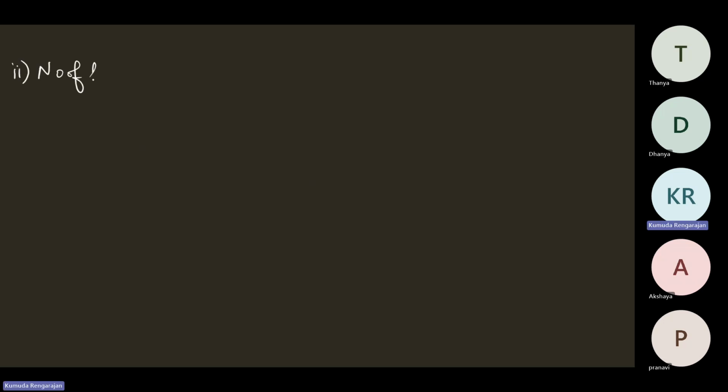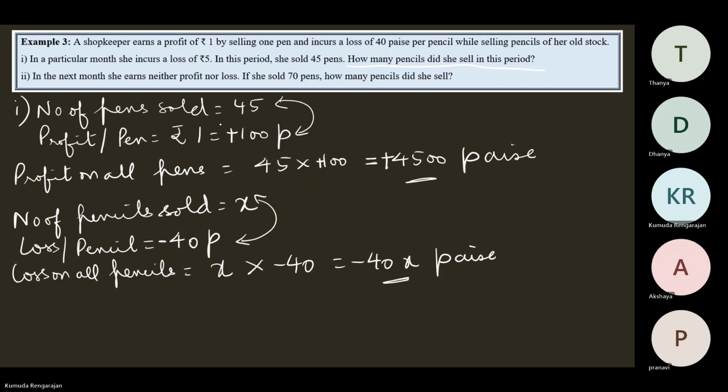Number of pens sold is equal to 70. What's the profit per pen? 1 rupee, ma'am.